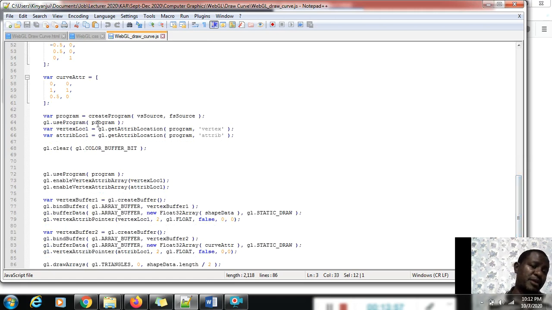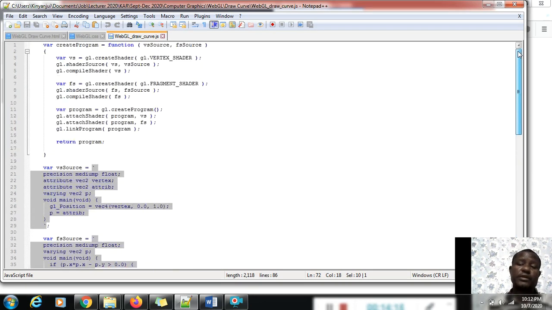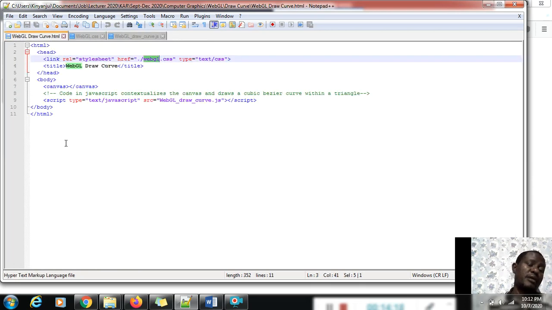The program will be created and used, with the vertex being enabled, and then the vertex buffers will be created, and once they are created, it's just a matter of drawing or displaying it on the screen. This is the JavaScript code that will be used for rendering the WebGL curves, which effect we can see here.